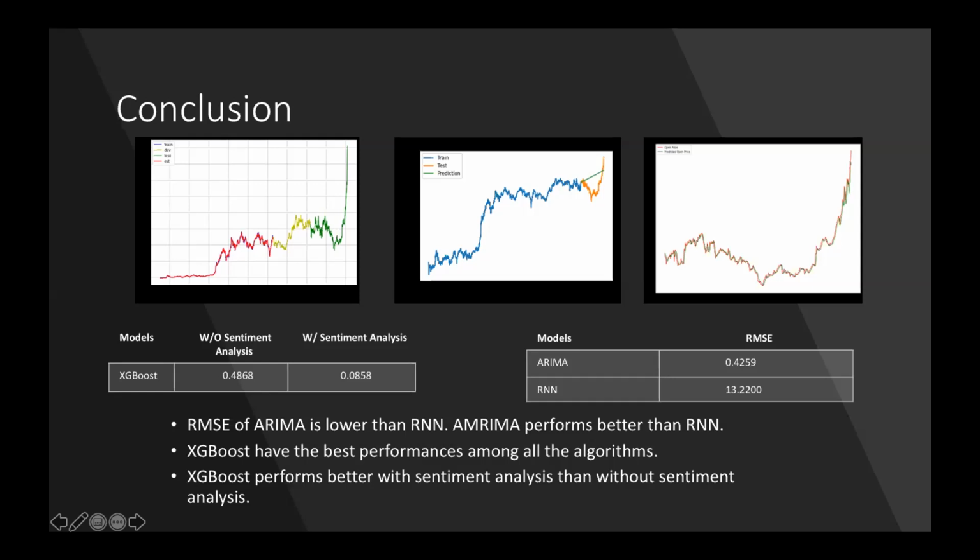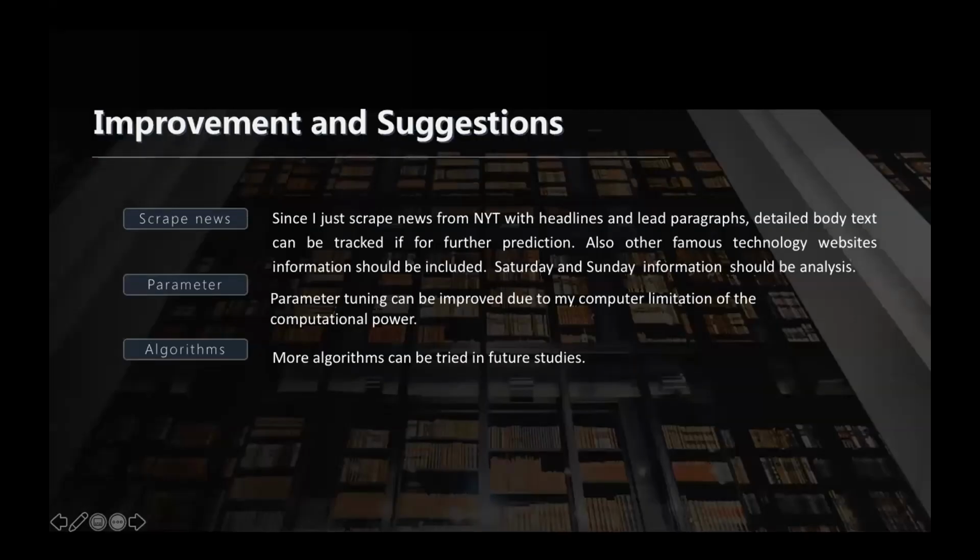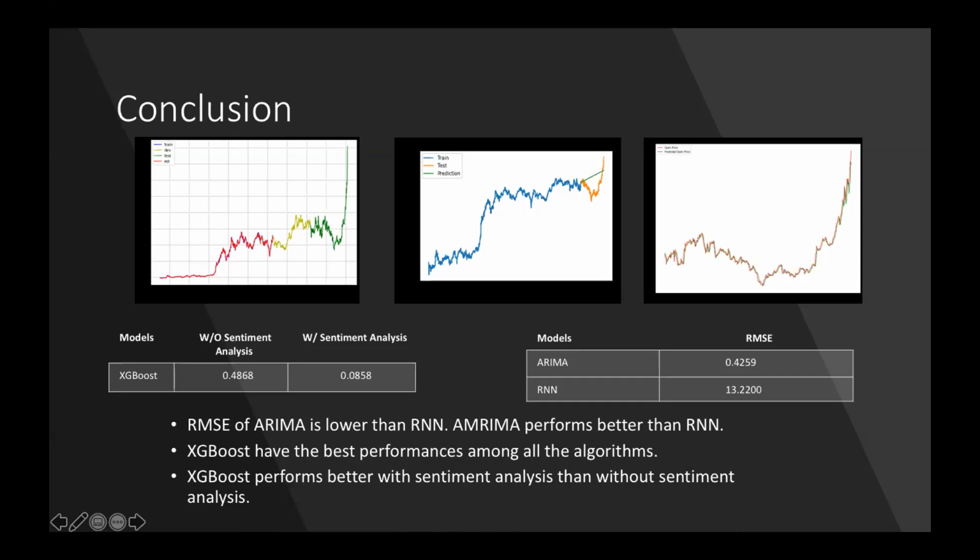Error rate. Okay. And XGBoost has the best performance among all the algorithms. And the XGBoost is better with sentiment analysis than without sentiment analysis. I see. Yeah. So your best model was XGBoost with sentiment analysis. Yeah. Okay.